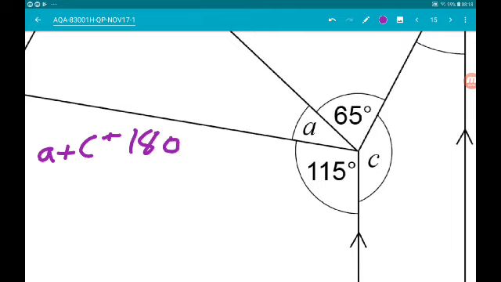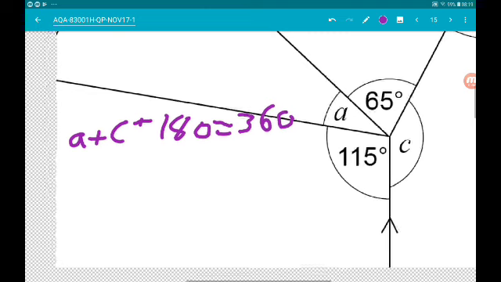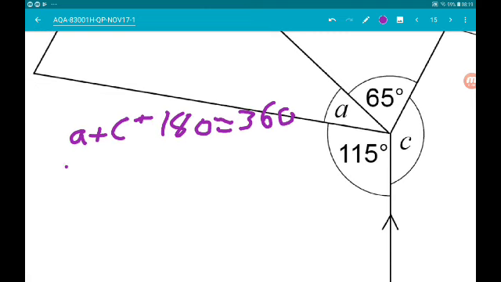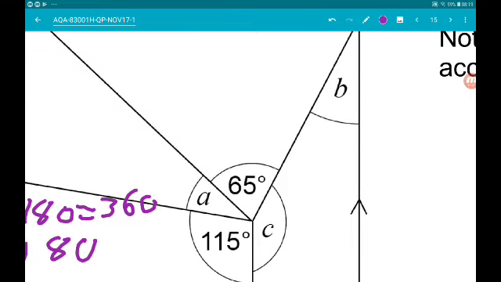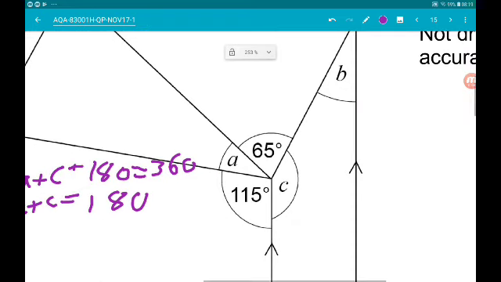We know that that is equal to 360. Now we can take away 180. So we get A add C is equal to 180. Cool. Now, what do we know about B? Well, B and C are inside parallel lines.